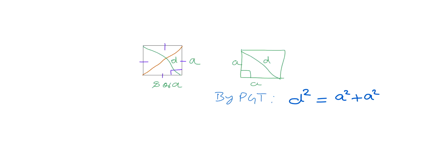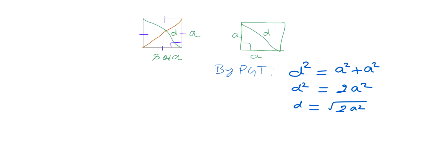So from here we get D square equals 2A square. Otherwise, D equals root of 2A square. And since A is squared, it will come outside the root, so D equals A into root 2. In either way, we can write. So length of diagonal of square, how much?